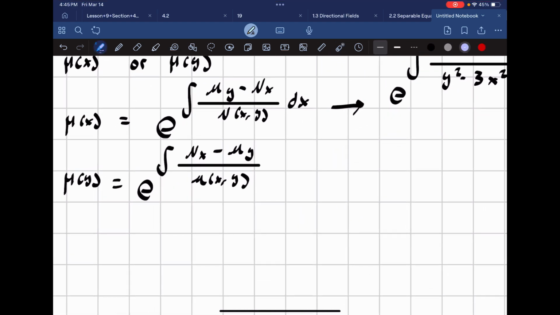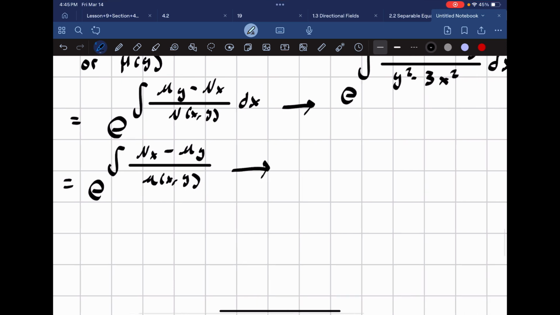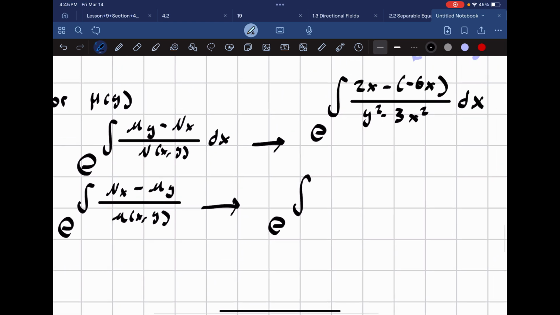So we have e to the integral of N_x, which is negative 6x, minus 8x, minus 2x, all over M now.